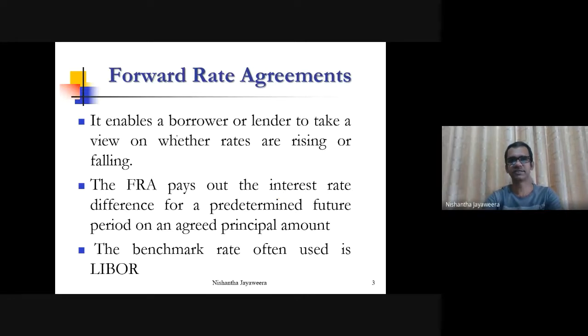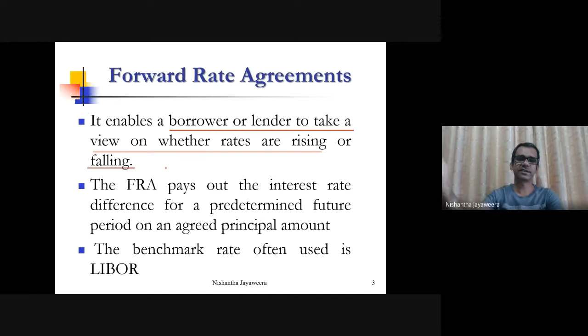So that's why it says it enables a borrower or lender to take a view whether rates are rising or falling. If you think interest rate will go up in the future, then you can act today without waiting until such time.